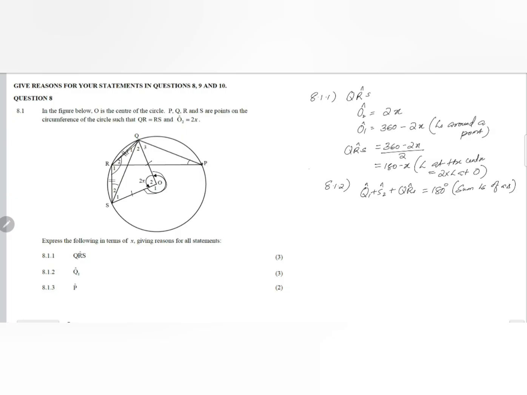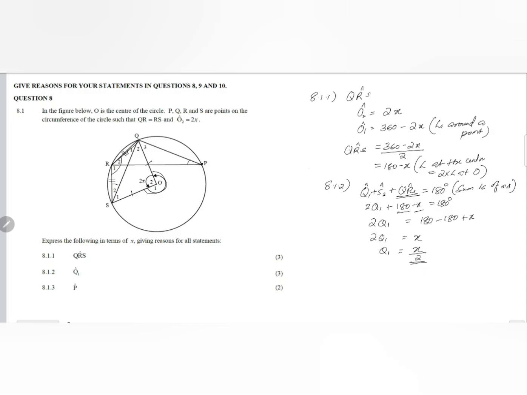Where Q1 and S2 are the same, we can write 2Q1 plus 180 minus x is equal to 180. QRS we found in the previous question, isn't it? Therefore 2Q1 is equal to 180 minus 180 plus x. So it's going to be 2Q1 is equal to x, therefore Q1 is equal to x divided by 2. We got it. So this is the angle.